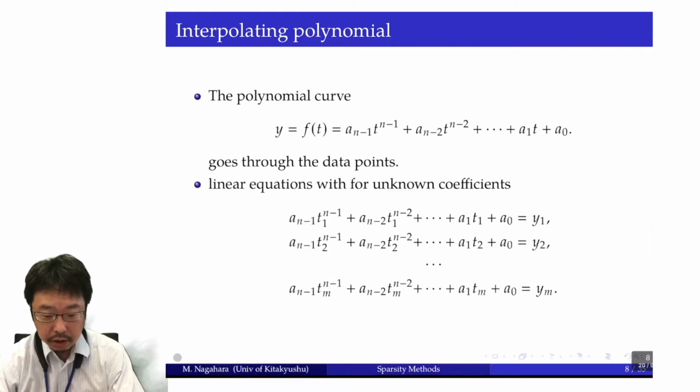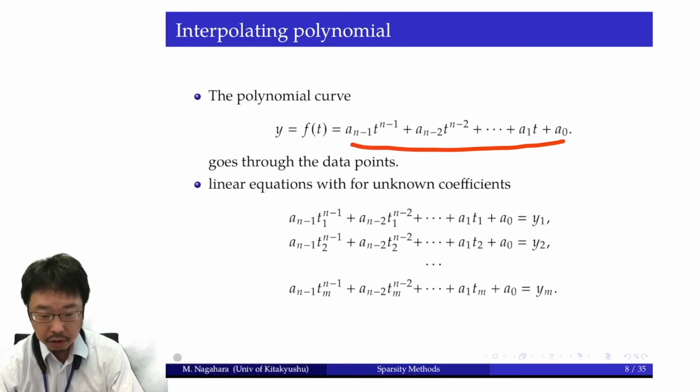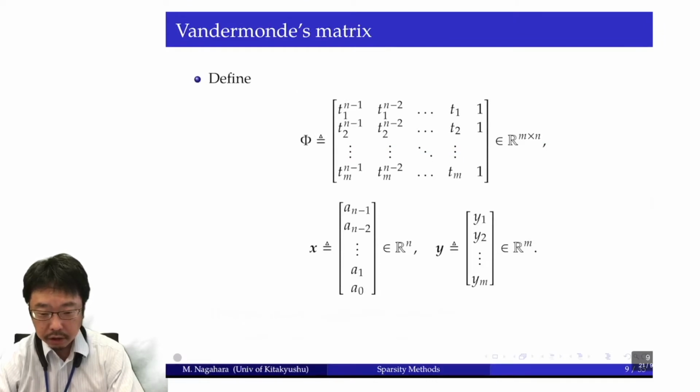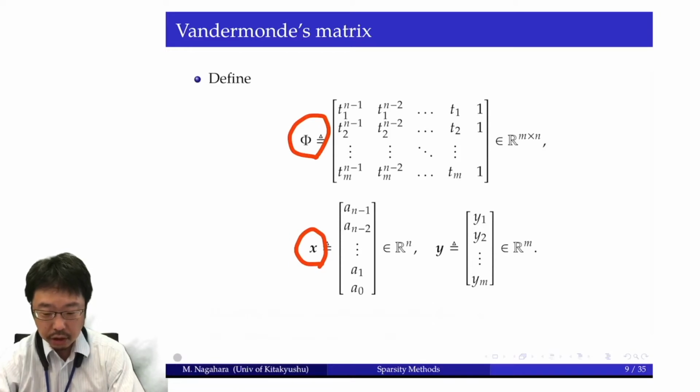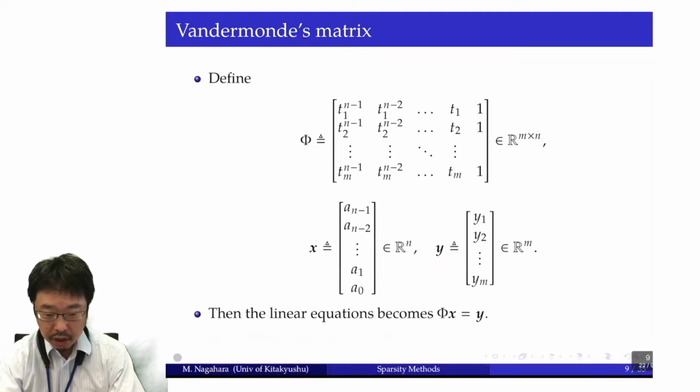Then, inserting the data into this polynomial, we have linear equations with unknown coefficients like this. To solve this system of equations, we define this matrix phi. Also, we define the vector x of unknown coefficients and y from the data values. Then the linear equations become phi x equals y.